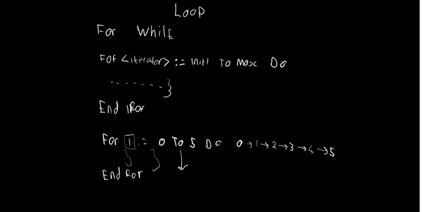Then we have another kind of loop called the while loop. The while loop is similar to our if. Remember, our if statement takes in a condition, and if this condition is true, it will execute some code in here. The while loop is similar to this, only that the code in the body runs continuously until the condition becomes false.